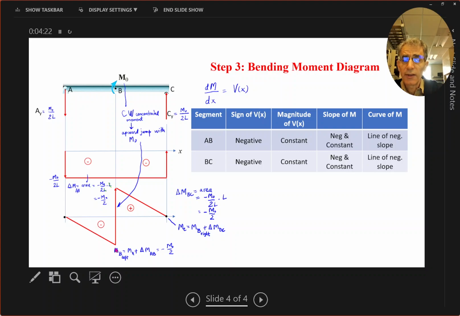And then the question is, where are we going to land at this moment right here? And again, for that one, you recall we have this equation: the moment at B is going to be equal to the moment at A plus the change from A to B, meaning that we have to integrate that equation, and that is basically calculating the area under the curve of the shear force, which is right here.